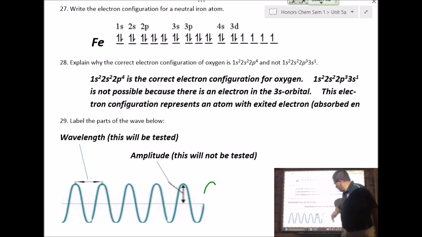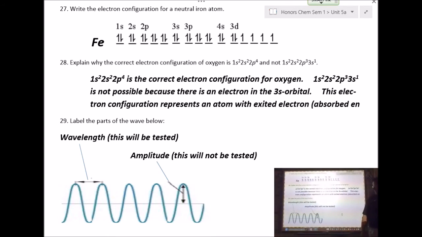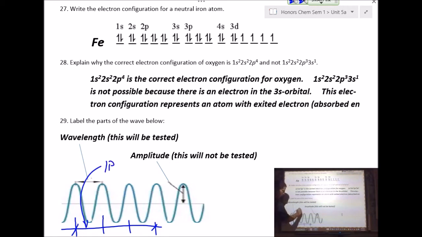Now, tomorrow I would ask, like, how many waves are there? If I gave some measurements down there, let's say from here to here equals 1 picometer, I might ask you, how long is the wavelength? 1 picometer.